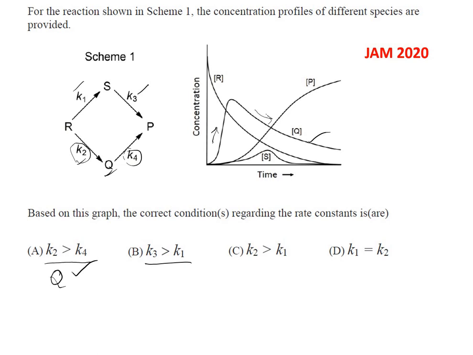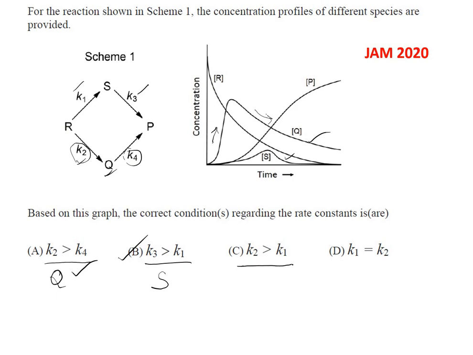That means you have to focus on the curve of S. And here we see that the formation rate is slower than the decay rate. Okay. That means formation rate means K1. So K1 is less than K3. So option B is exactly that. So option B is also correct.